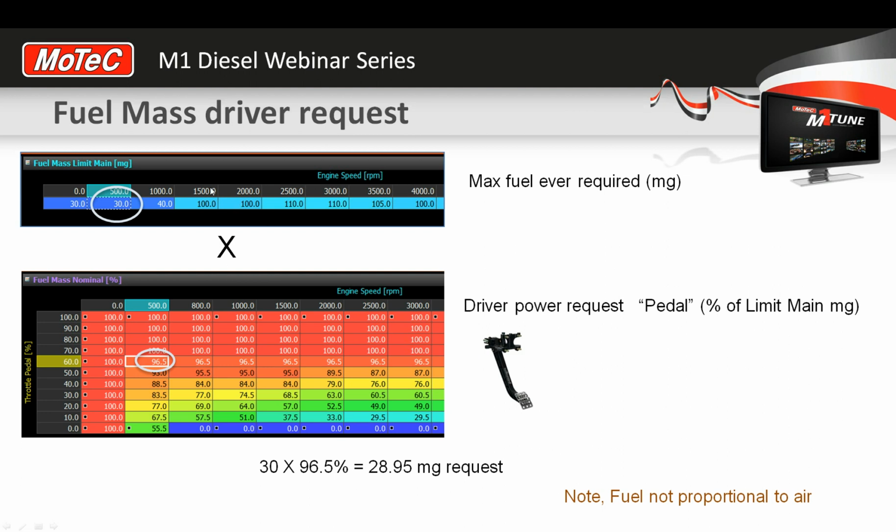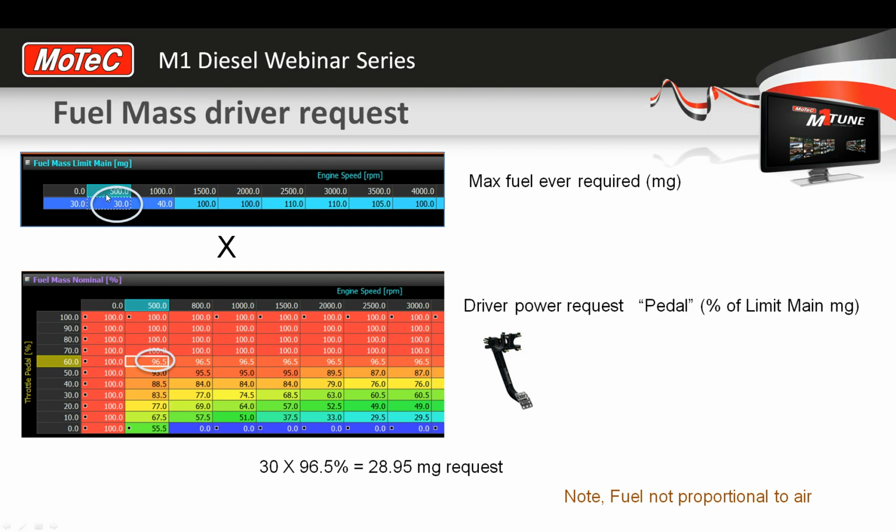So that's our maximum fuel that can ever be required, and then that is scaled by our pedal, which is called the fuel mass nominal. That is simply throttle pedal on the vertical axis and engine speed on the horizontal. In this example, we're at 500 RPM. It's not a very good real example, so it's probably on the simulator. Our pedal is at 60%, so maybe the engine's about to stall. The driver's got the pedal at 60%, and you can see that's why this is shaped like this.